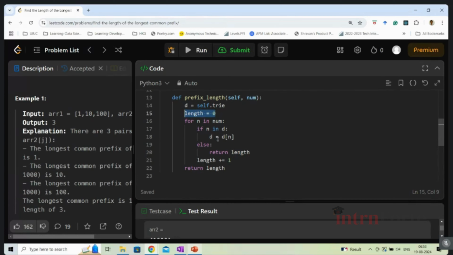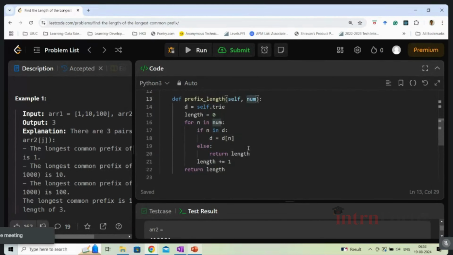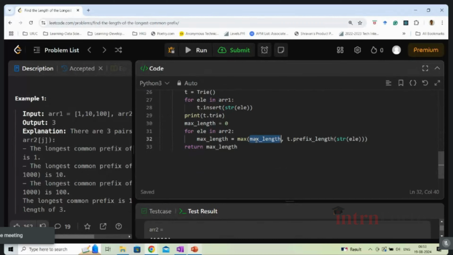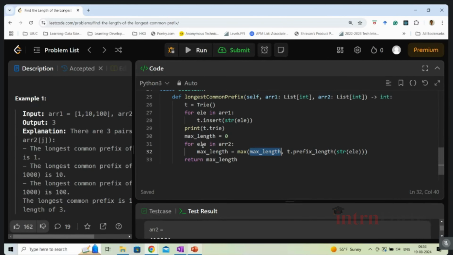So this would give us the prefix length for every single string that we try to find. And then we're keeping track of max here to find the longest prefix length out of all the elements. So for every element in array 2, we compare against the entire array 1 using this trie data structure, and that's how it becomes more optimal.